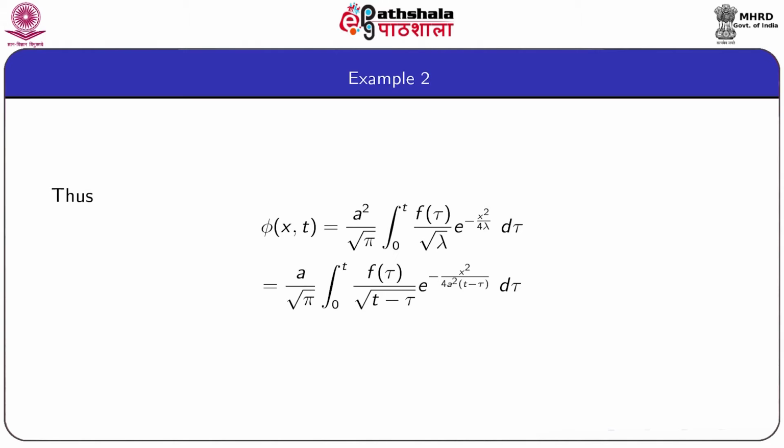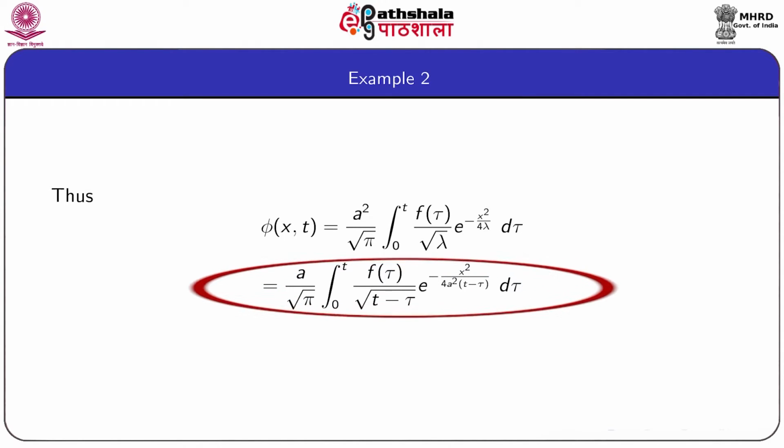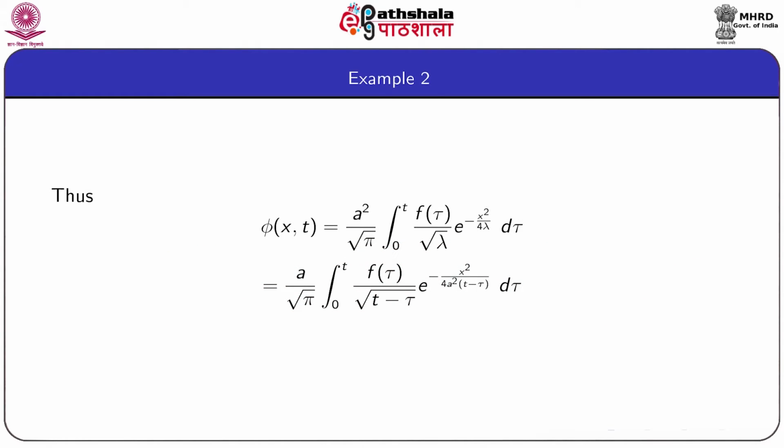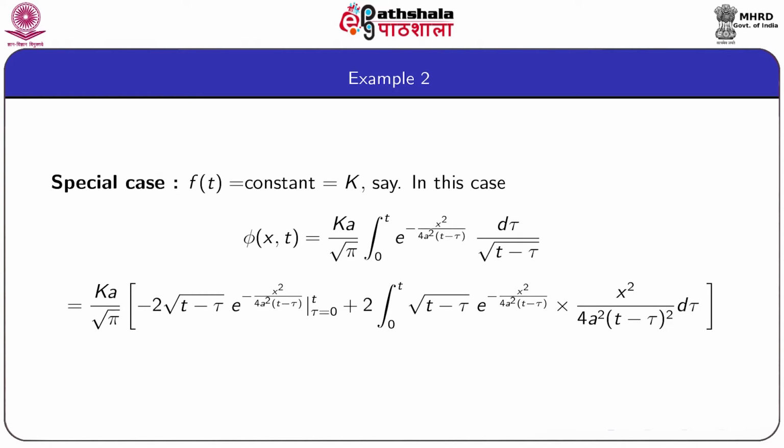Now substituting the value of λ, we obtain a/√π integral from 0 to t f(τ)/√(t−τ) e^(−x²/(4a²(t−τ))) dτ. Now we consider the special case when f(t) is a constant capital K, say.